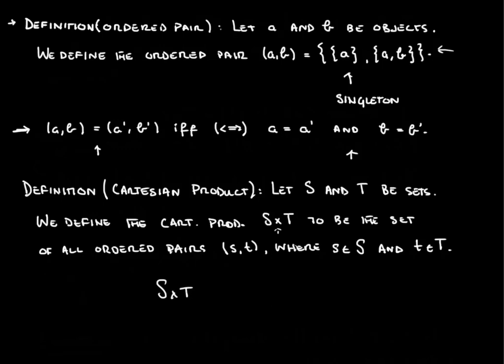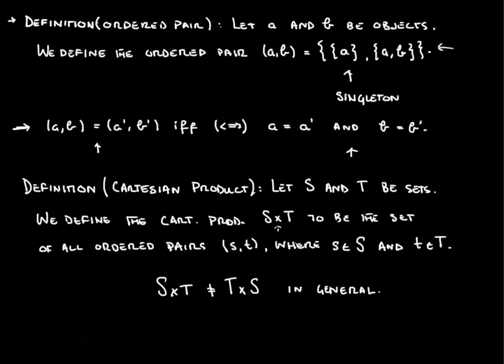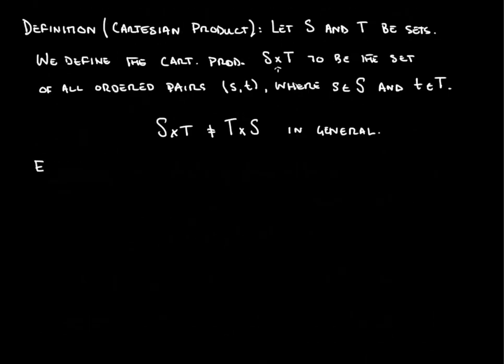The product of S and T is not equal in general to the product of T and S. If S is equal to T, well, certainly they're going to be equal.